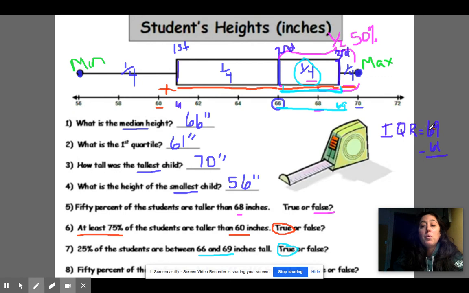So my interquartile range here is 8. Not to be confused with the range, which would just be the highest number, 70, minus the lowest number, 56. But the interquartile range is the third quartile, 69, minus the first quartile, 61.